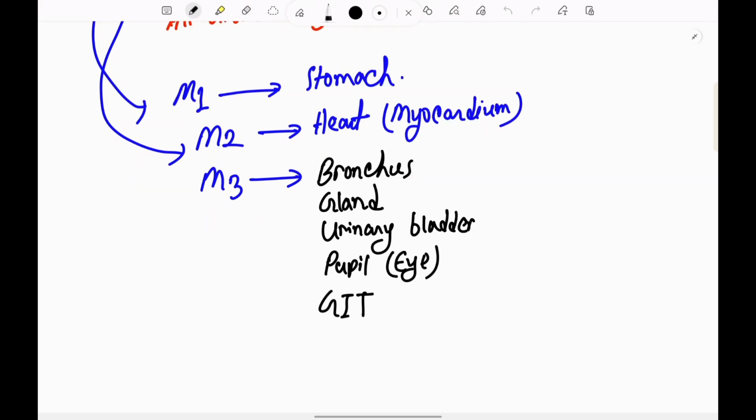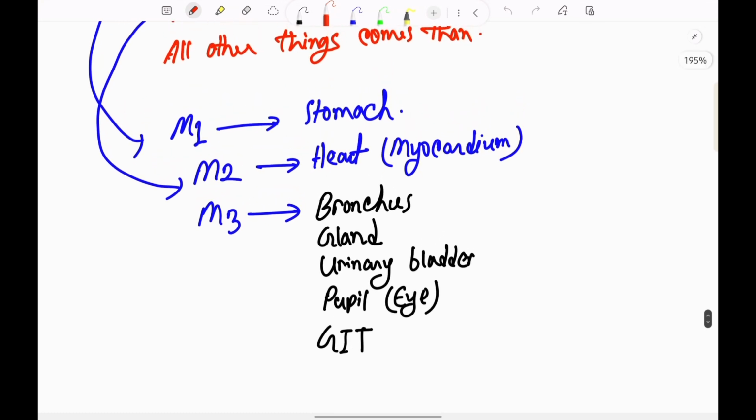Now we will recall the information from the previous video. In previous video we have said that parasympathetic nervous system inhibits the heart and stimulates all other organs. So on heart, if the M2 receptor is stimulated, there will be bradycardia, and in all other locations there should be stimulation.